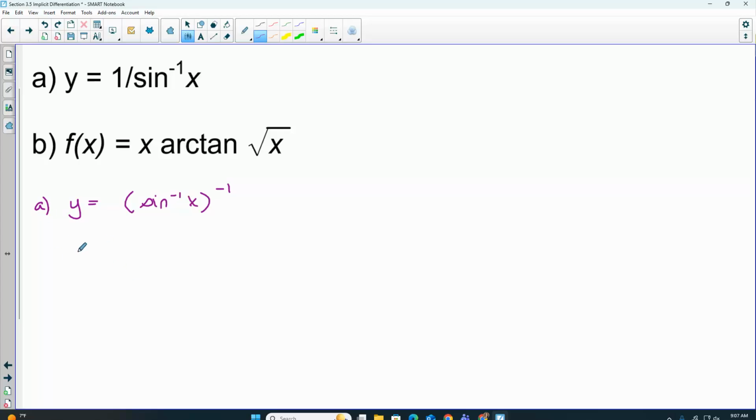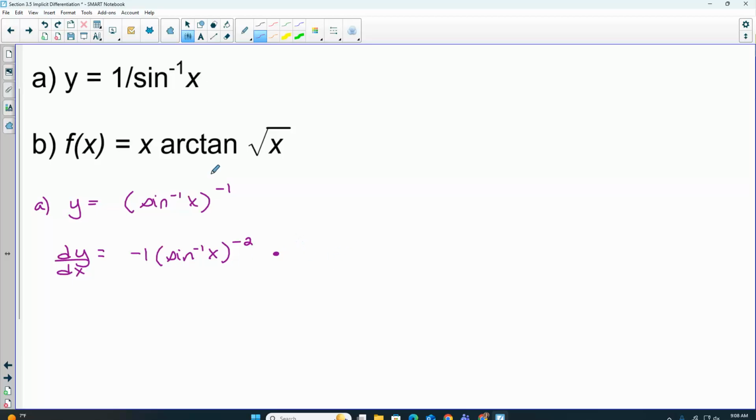Okay, what is the derivative of the outside? So my outside, negative 1, comes down. Inside stays the same. Subtract 1 from the power, so it's now to the negative 2. Times derivative of the inside, derivative of sine inverse.